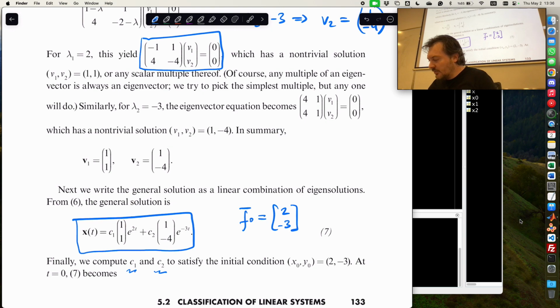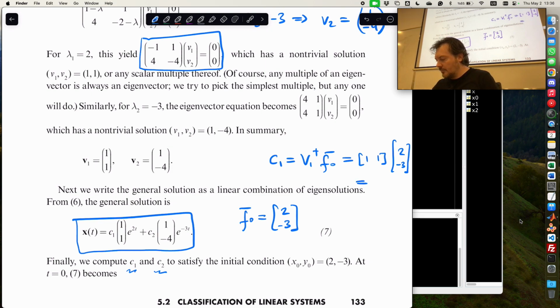Do you remember how to get C1? V1 dagger times f(0). Do you remember this? So if we do that, V1 dagger is (1, 1) times (2, minus 3). What do you get? Minus 1. Is that right?